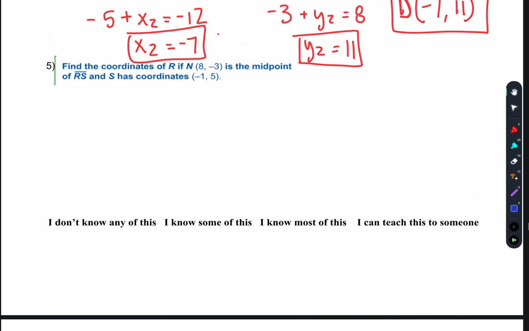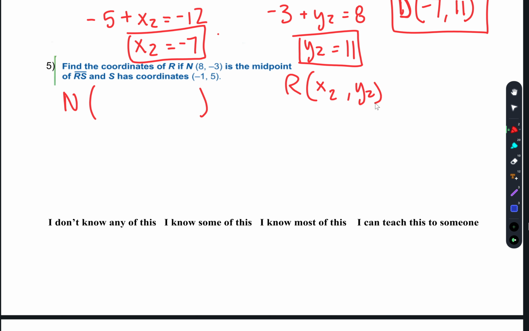Okay, let's think about this coordinate. I know N is the midpoint, so that's what I'm going to start setting up. N is going to be the average of my two endpoints. So S is my first endpoint. R is my second endpoint that I don't know.